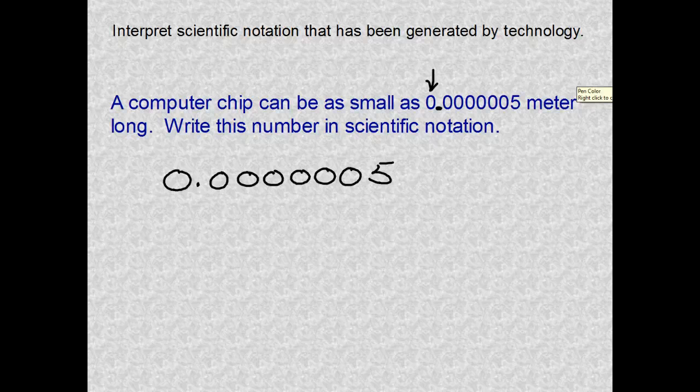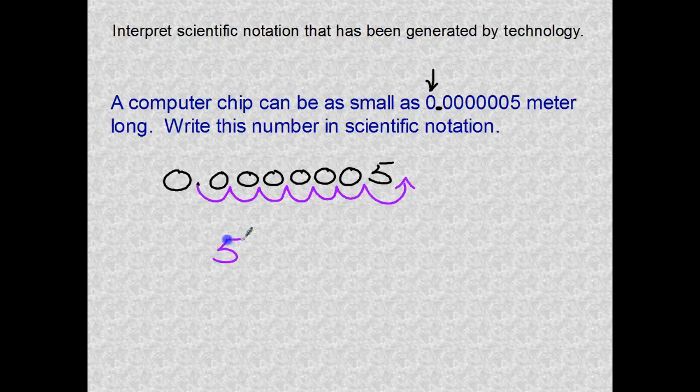You can't see it, but here we go. We're going to bounce 1, 2, 3, 4, 5, 6, 7 times. So now we have 5 multiplied by some power of 10. Well, we know that this is a tiny number that we began with, and we went 1, 2, 3, 4, 5, 6, 7 times, so that would be to the -7th.